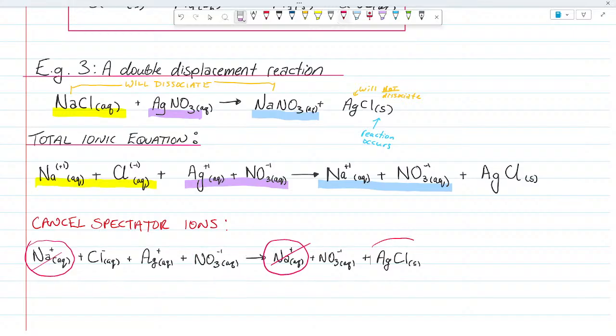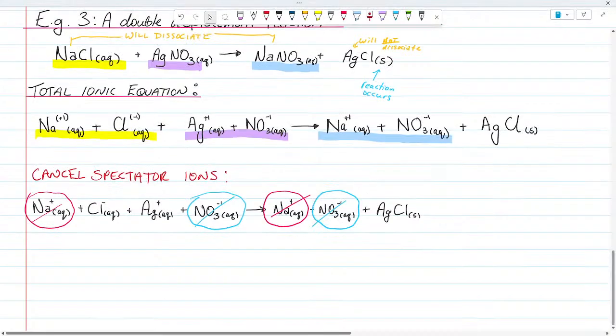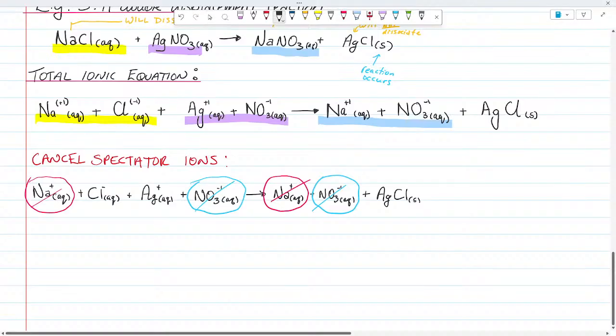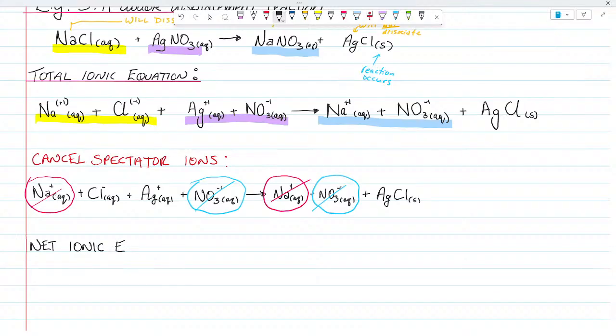In fact, let me use a different color so we can really see clearly. We have some nitrate ions floating around and some nitrate ions floating around, and they are unchanging, so we can get rid of them. Which means that when we go to look at the net ionic equation of this, what's actually happening here?